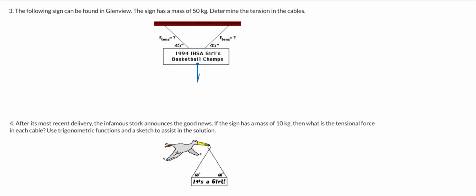So again, we can draw a bit of a free body diagram and isolate the mass into weight of the sign. So we calculate 490.5 newtons of force weight, since force weight is equal to mass times gravity.